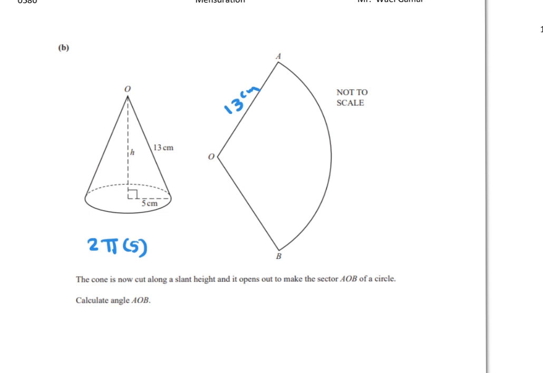For the length of the arc in a sector, we have a formula: θ over 360 times 2πr, but r is now 13, not 5.